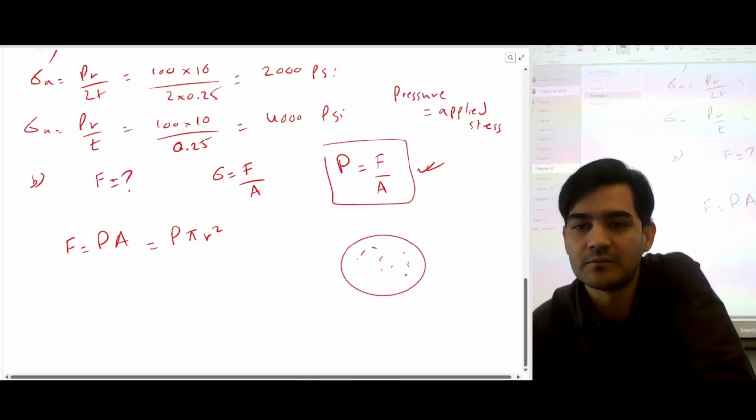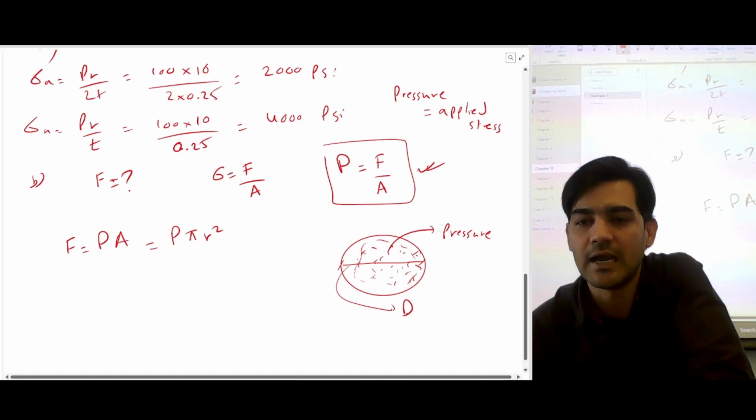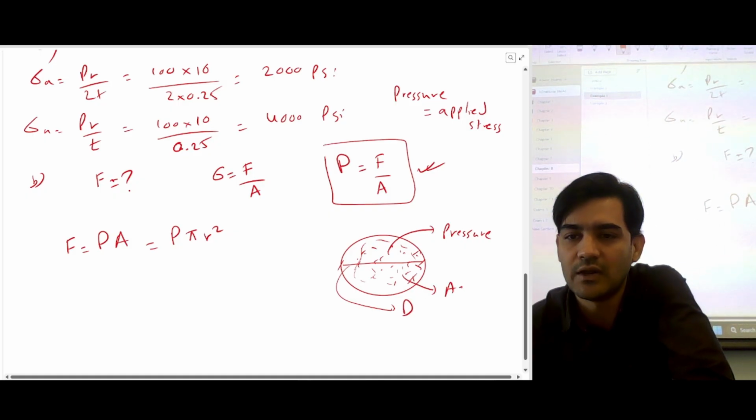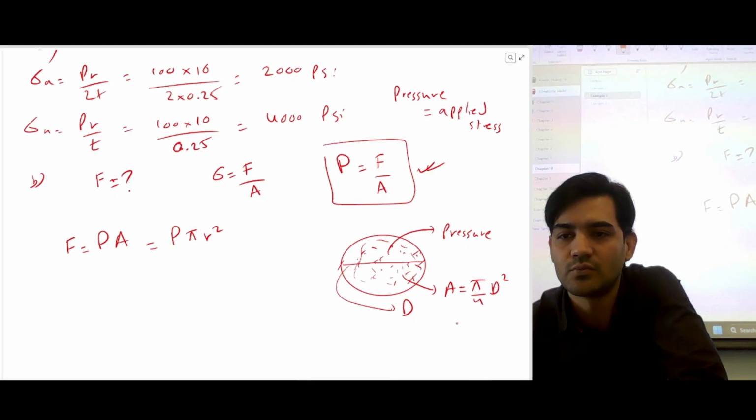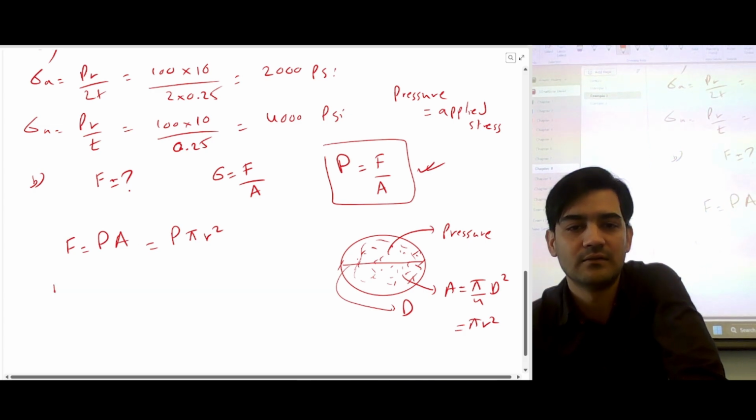This is all the pressure. This is the gas, and this gas is applying forces, so this is actually pressure, right? If this is our diameter, we have to calculate the area, and the area would be pi by 4 d square, or pi r square. So that's what I have done.